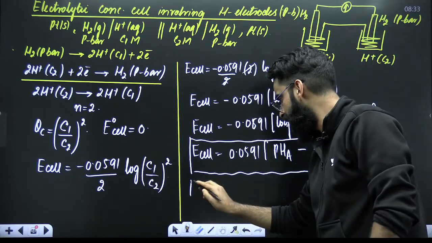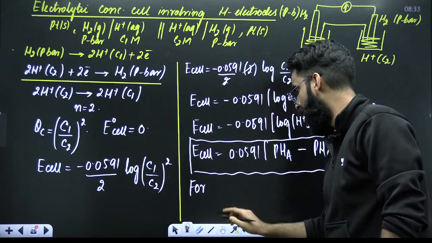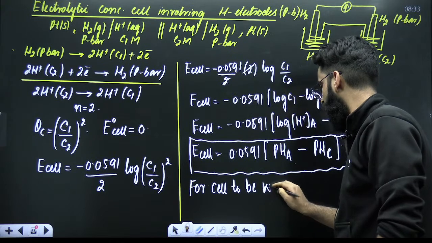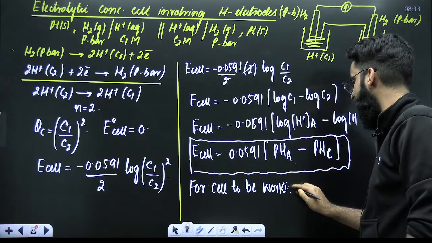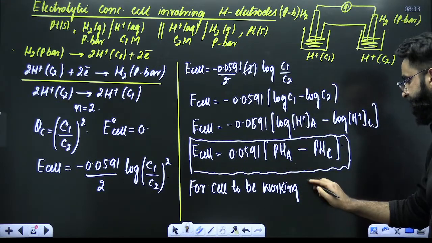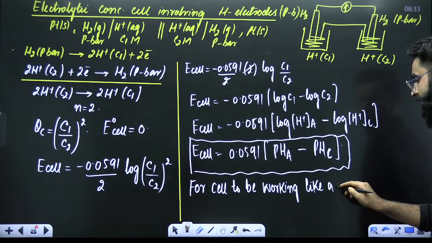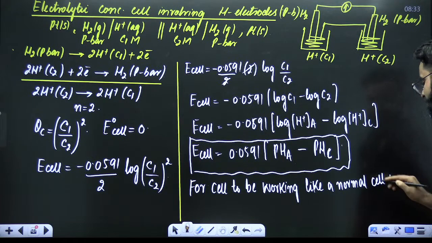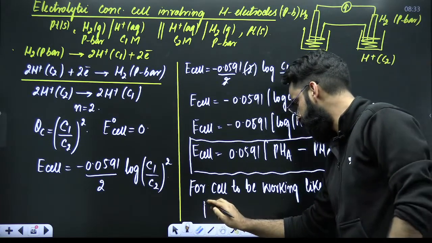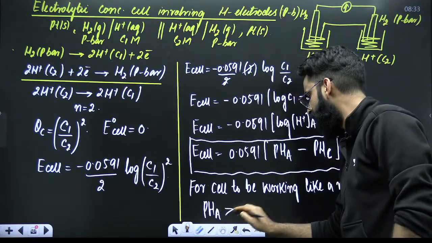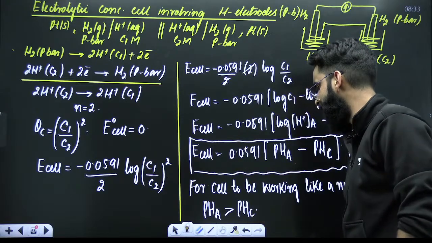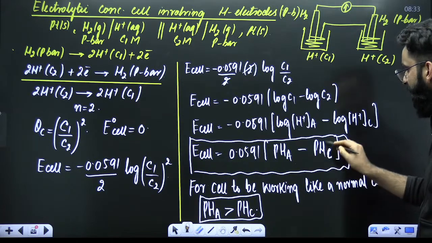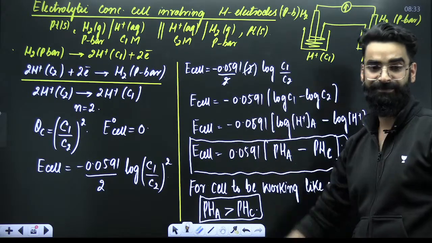So I will say for a cell to be working like a normal galvanic cell, pH of anode should be greater than that of pH of cathode. Then only the difference between the two will come out to be positive. Then only E cell will be positive.